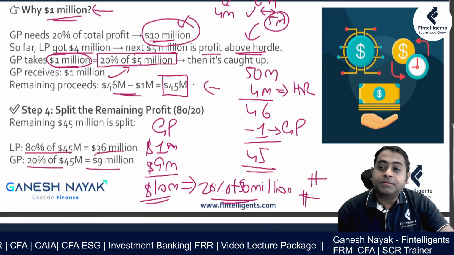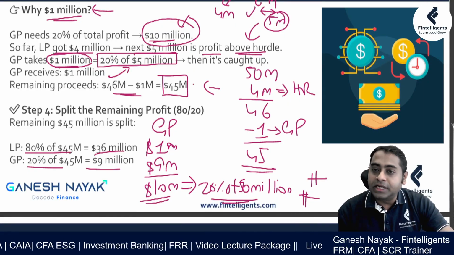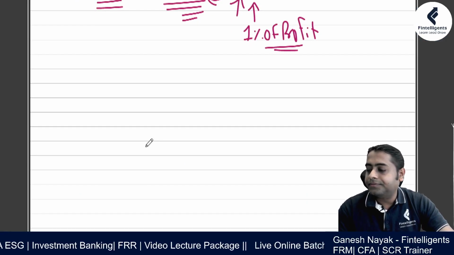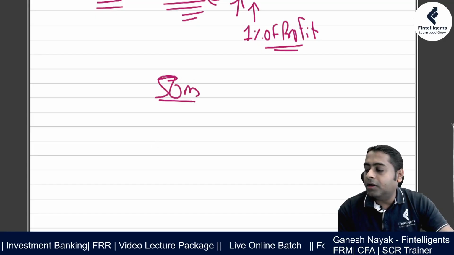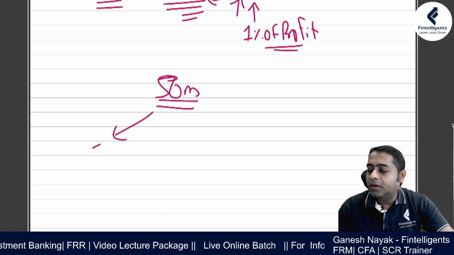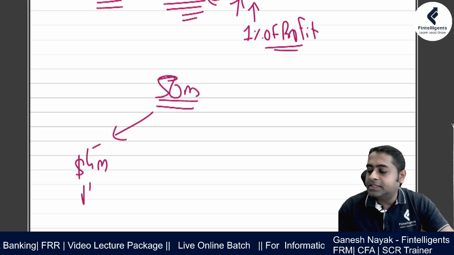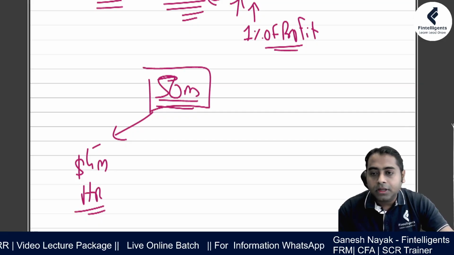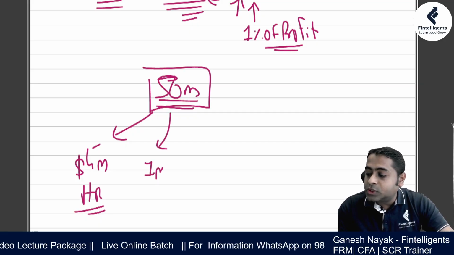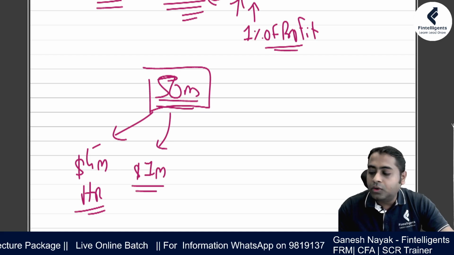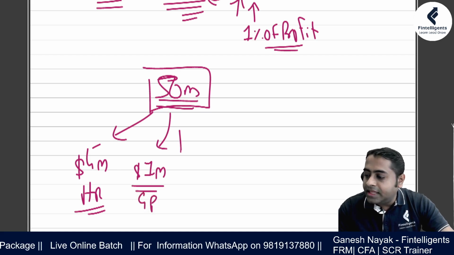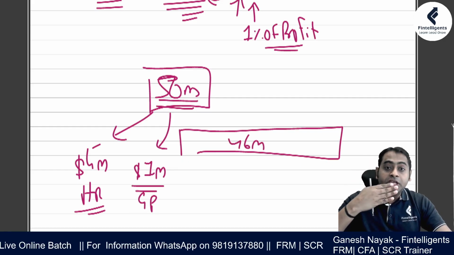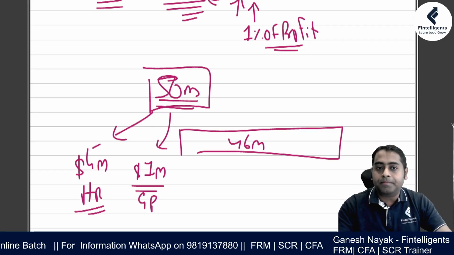Why are we having the catch up? See, there is no explicit logic. You can also think of it like this. Overall $50 million, $4 million is paid as hurdle rate. This is the overall $50 million that is the profit. You're saying first $1 million will be paid to the GP, and then whatever is the remaining $46 million, think of it as you're giving $1 million every time.